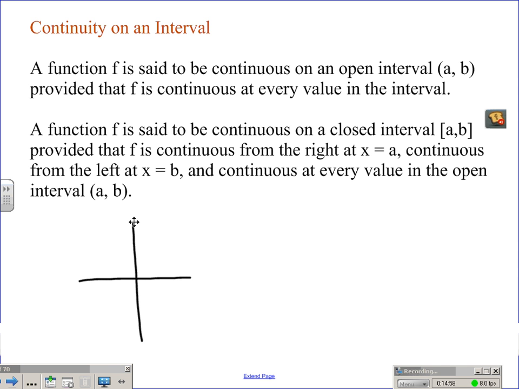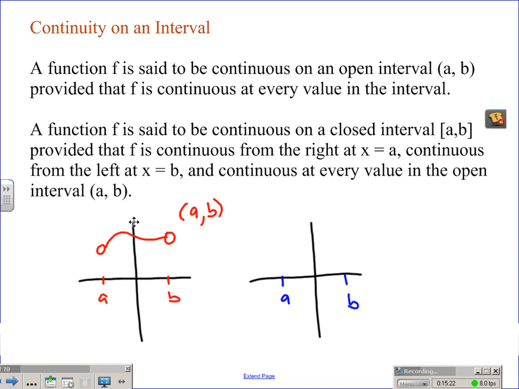On an interval from A to B, we have an open interval looking something like this, maybe. While the closed interval is going to look like this. It includes, it is defined at x equals a and defined at x equals b.